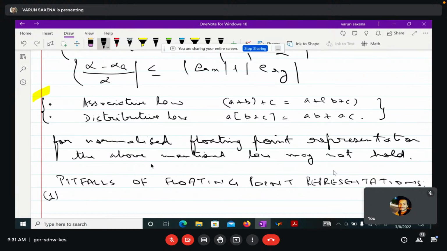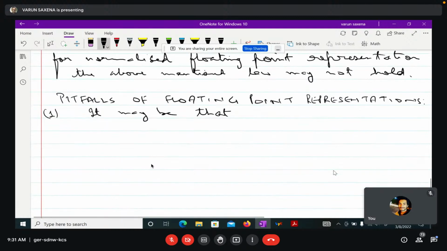But with floating point representations, that may not be true. What I mean to say is that, let's say, 3x is not equal to x plus x plus x when you do floating point representations.